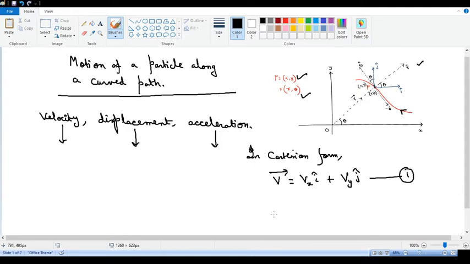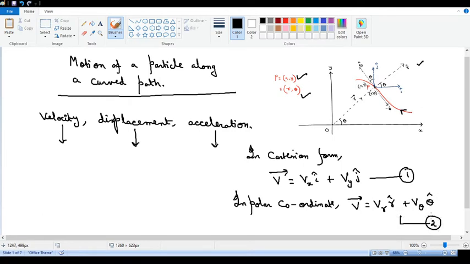This is our equation number 1. And in polar coordinates we have v vector equal to vr r hat plus v theta theta hat. This is the basic representation of the velocity of this particle at that instant P in the Cartesian coordinate system and in the polar coordinate system.